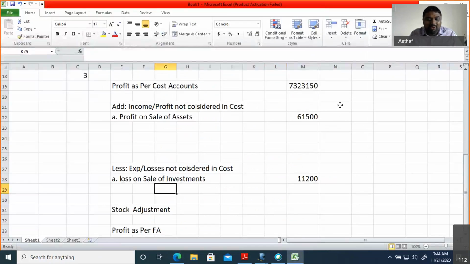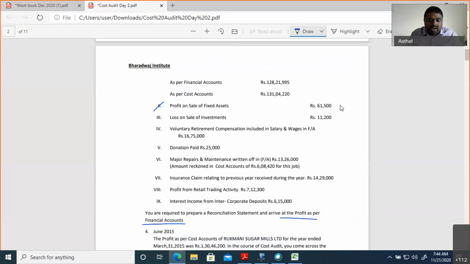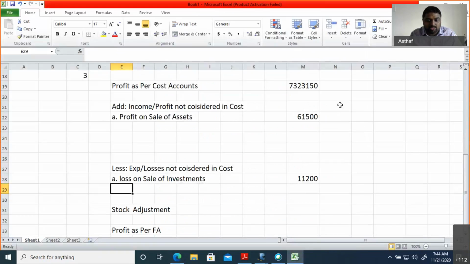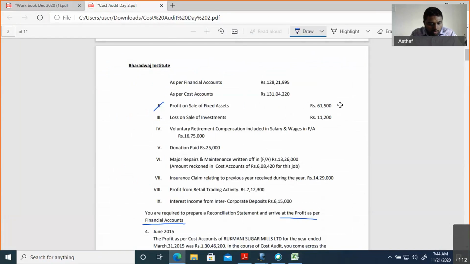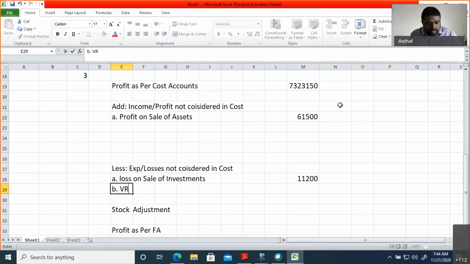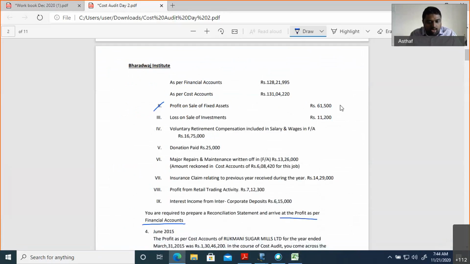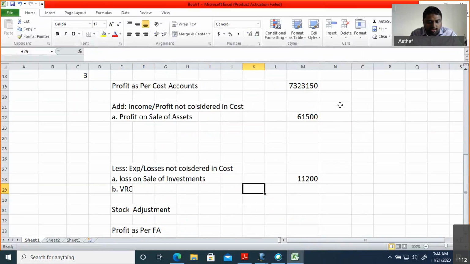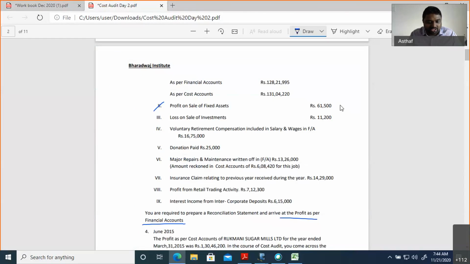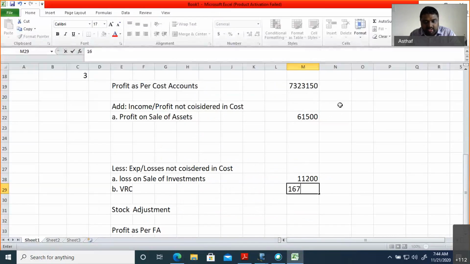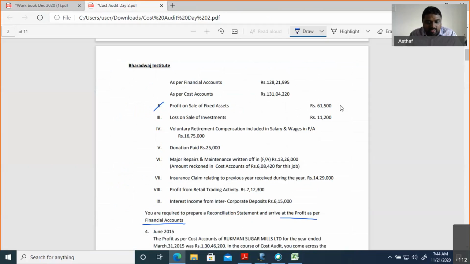Then new items are coming. Voluntary retirement, which is only in financial, so that means we expense it, not in costing. What is the voluntary retirement compensation? Which is very interesting, 16 lakh 75,000.